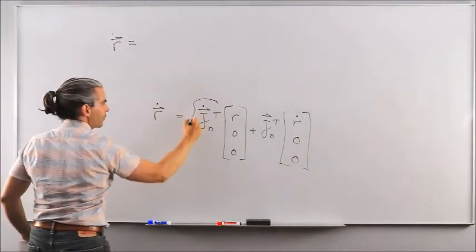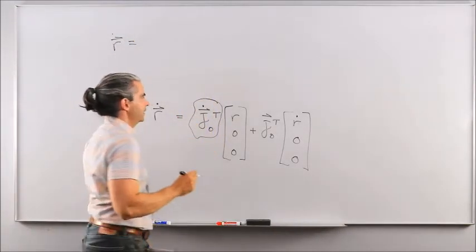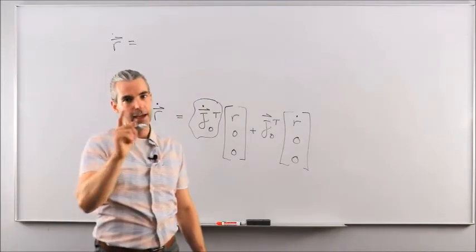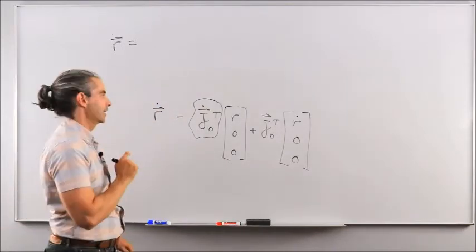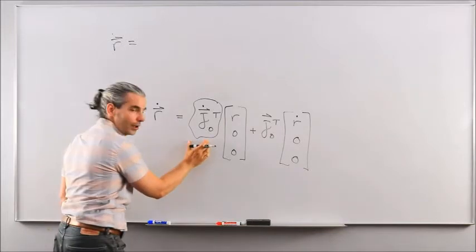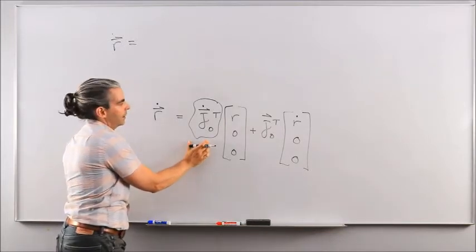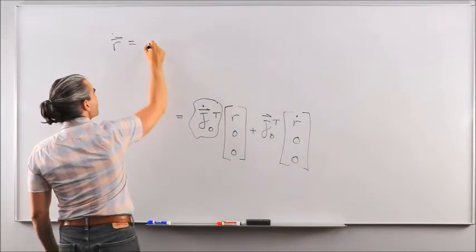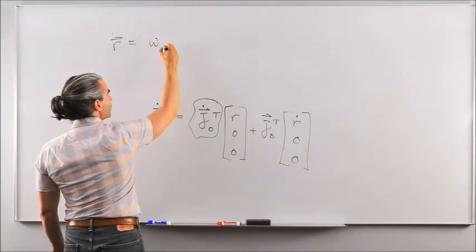R dot. So does anyone remember what is the time derivative of a Vectrix? Yes, you are absolutely right. This is the angular velocity vector cross product with the Vectrix itself. And which angular velocity vector?